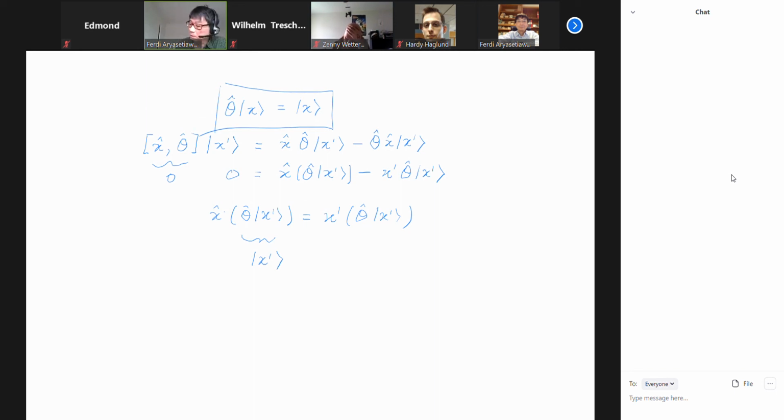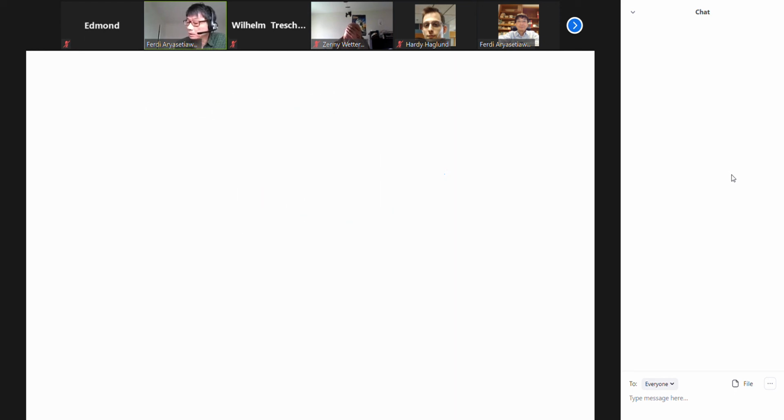So let's now have a look at the effect of time reversal on a state alpha. We want to show that this is equal to beta alpha star. We want to show that it also fulfills the first condition for an anti-unitary operator. So we look at the state alpha tilde, and we introduce the completeness relation.